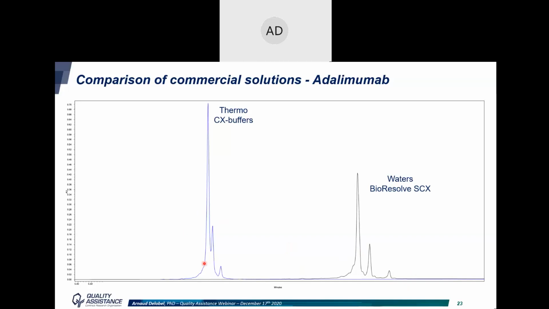And even if it's still acceptable for Thermo, the resolution is lower. We have not tried to improve the separation, but probably you could improve the separation both for Thermo and Waters solution, but it will have to be product specific, and so you will have to perform method optimization for each monoclonal antibody that you would like to analyze.